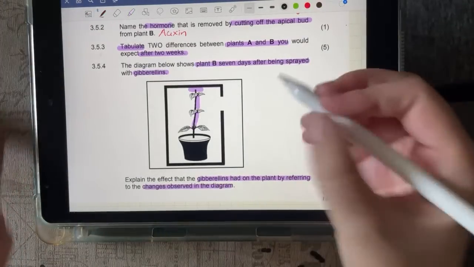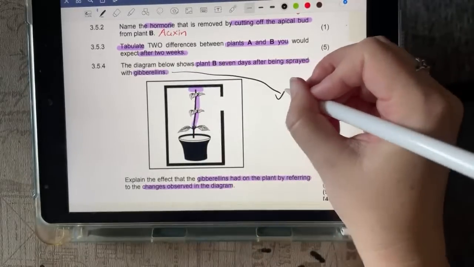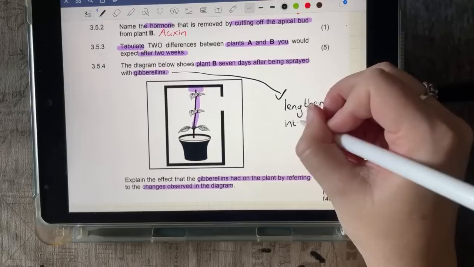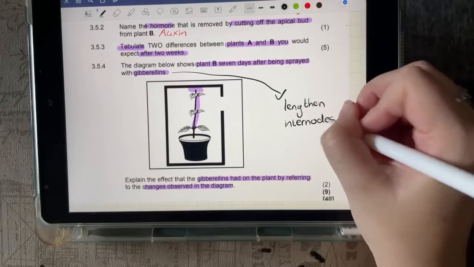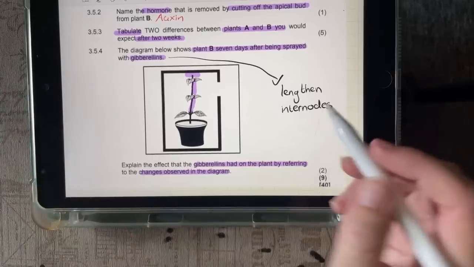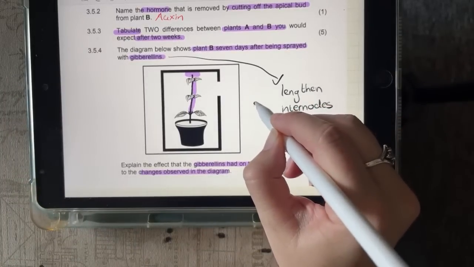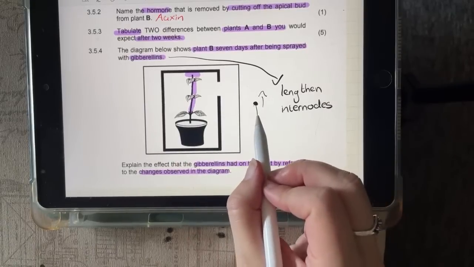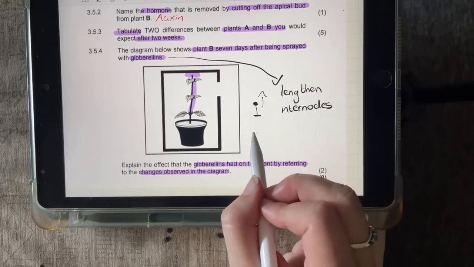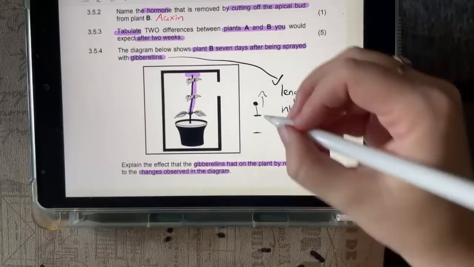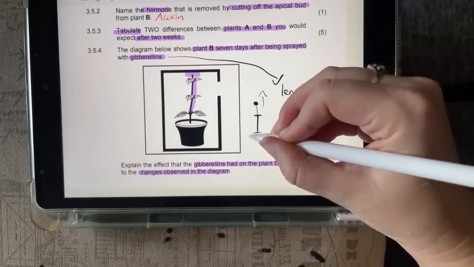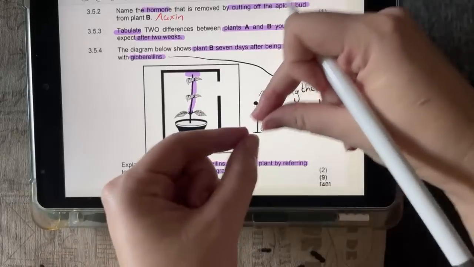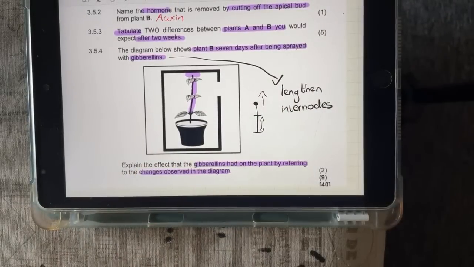And that is linked to the fact that gibberellins lengthen internodes, which basically means, unlike apical dominance, which makes a plant grow from the top up, gibberellins cause, if here is a node and here is a node, the stem in between the two nodes to grow longer. In other words, this part here elongates and it grows out and it grows longer.